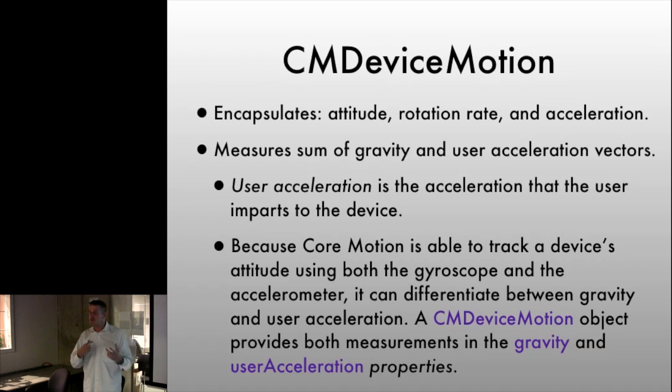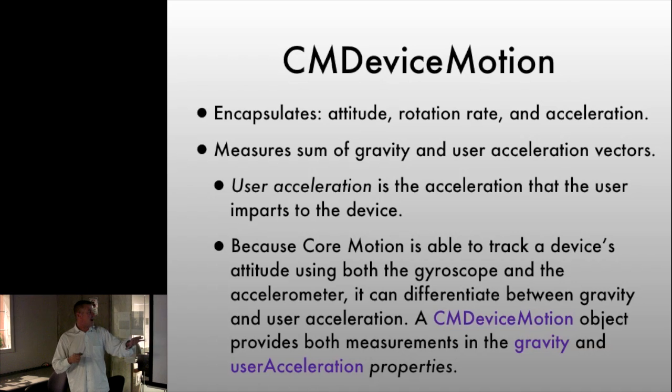It has user acceleration that strips out the gravity component, and then it's got an absolute acceleration that will include the gravity component. Since it can track the device with both the gyroscope as well as the accelerometer, core device will fuse the data together, but you need to differentiate between gravity acceleration and user acceleration if you're using the accelerometer in relation to the gyroscope.